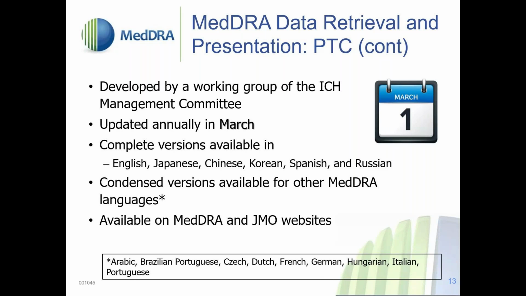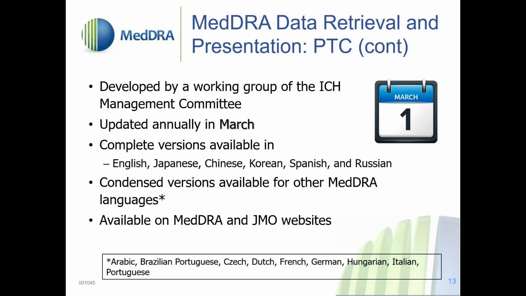The complete document is available in several languages: English, Japanese, Chinese, Korean, Spanish, and Russian. And these documents are updated with each major MedDRA version release, so the complex release, which is released in March, on March 1st every year.